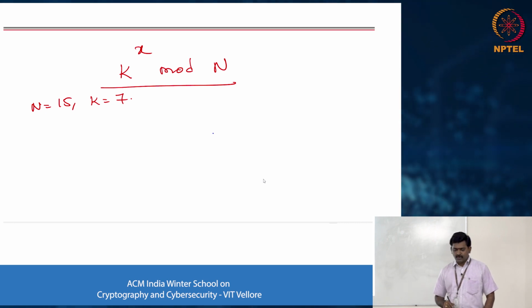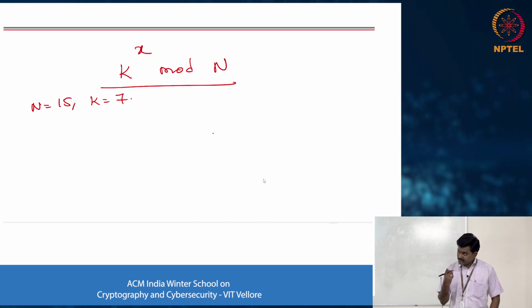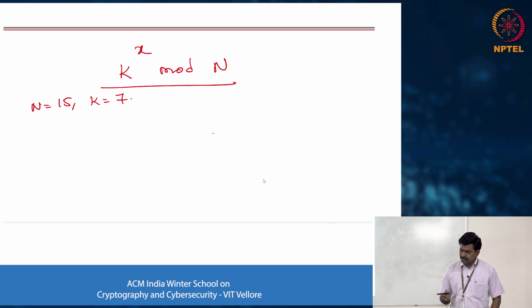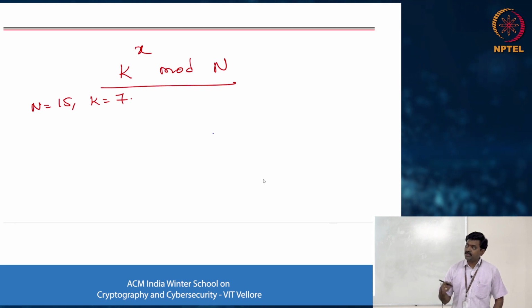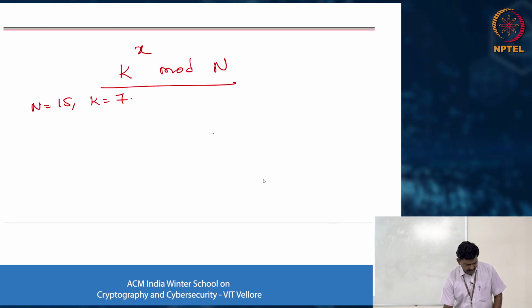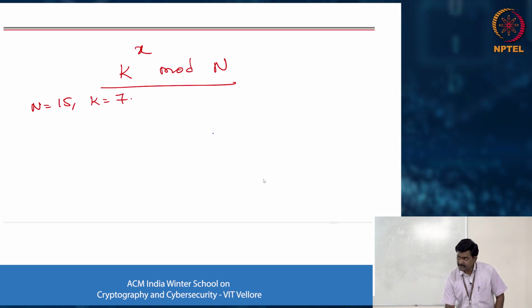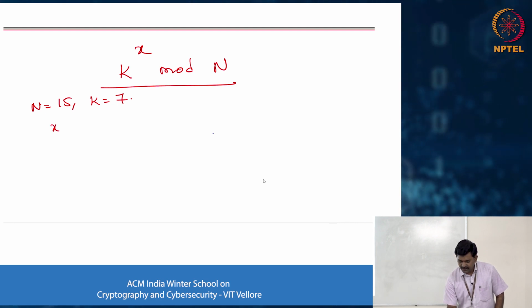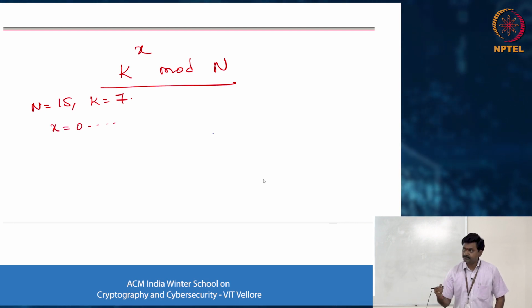In the case of RSA, it is C is equal to m power e mod n. Now see here, look at this particular case. I am trying to solve this for x is equal to 0, and so on.